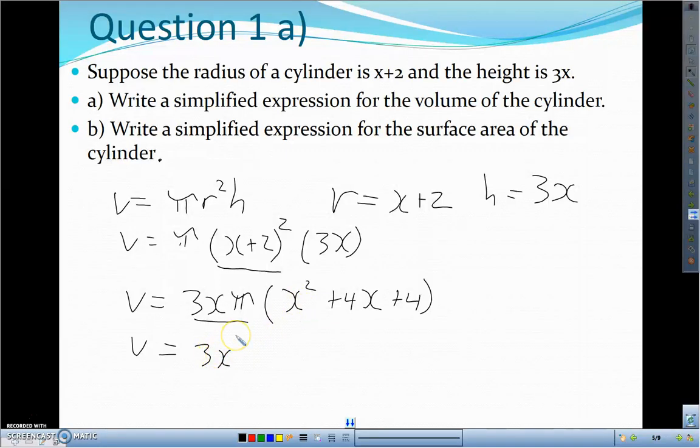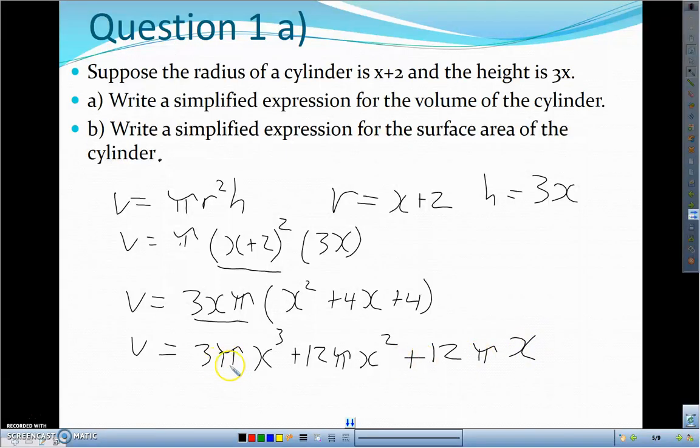And actually what I should do is I usually want to keep the numbers out front, and technically pi is a number, but we represent it as a symbol because it never ends. So it's what we call an irrational number. 3 pi x cubed, 3 times 4 is 12, so this is going to turn into plus 12 pi, and we've got the x times the x, which is x squared. 3 pi x times the 4 turns into plus 12 pi x.